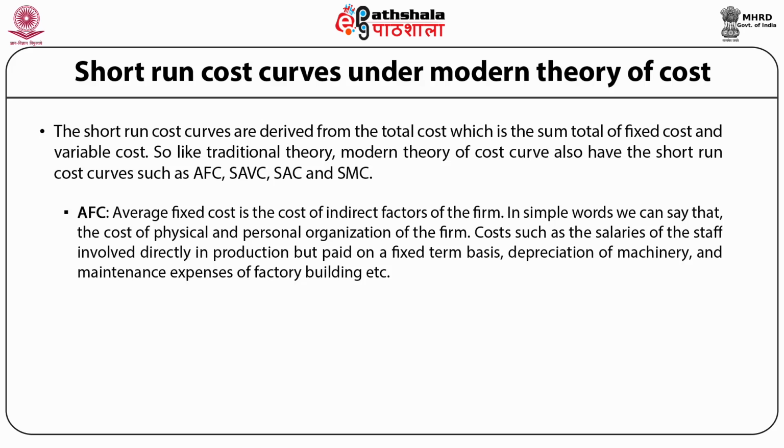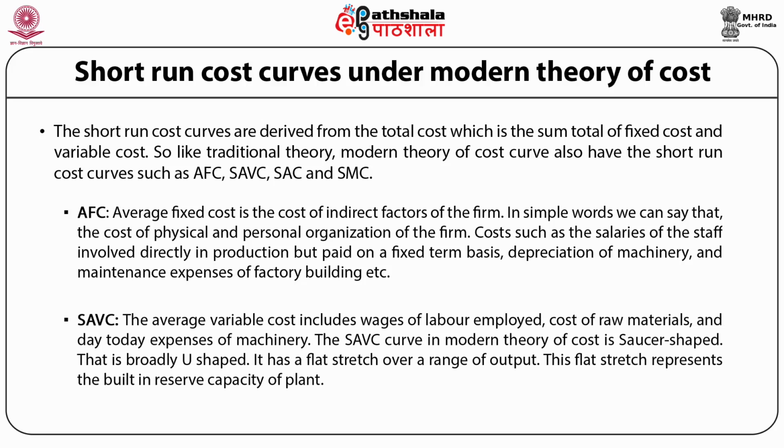In simple words, we can say it is the cost of the physical and personnel organization of the firm. Costs such as the salaries of staff involved directly in production but paid on a fixed term basis, depreciation of machinery and maintenance expenses of the factory building, etc.